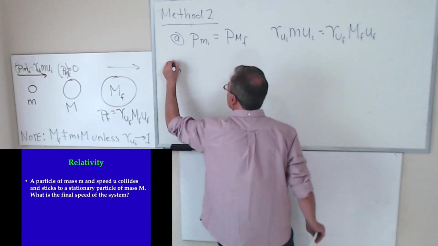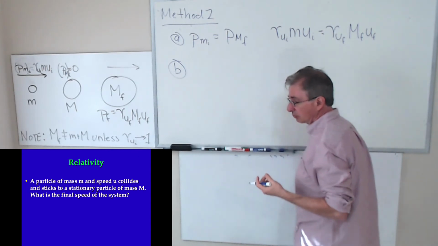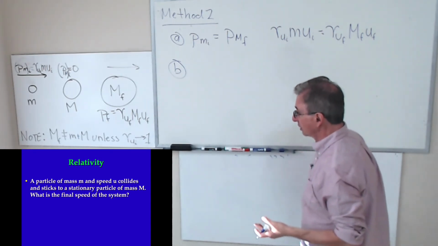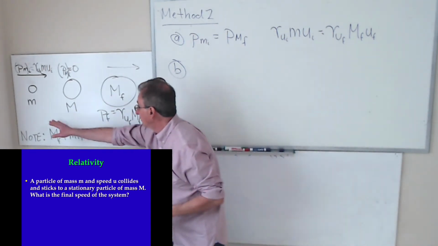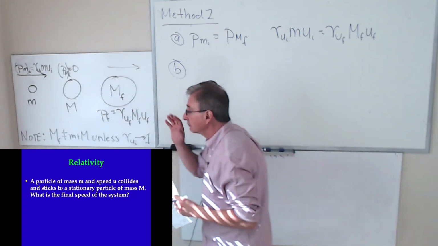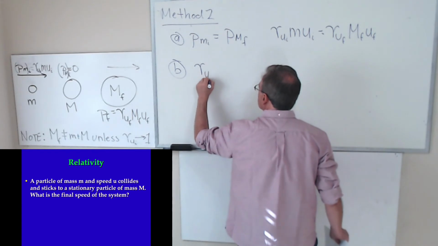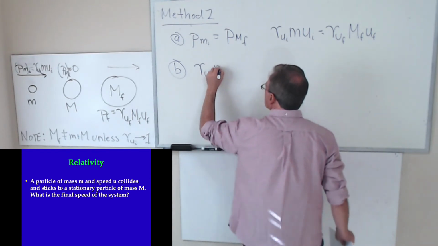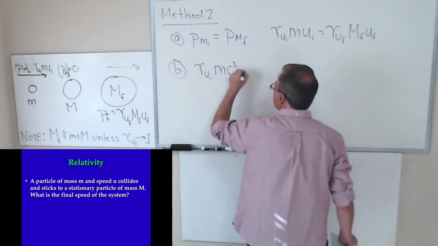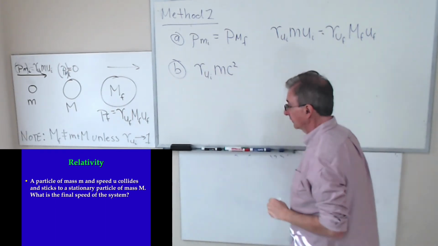Now, the energy equation, we're going to conserve energy, and I'm going to write your basic total energy equation. So the total energy of little m, I'm just going to write it as gamma sub u initial times the rest energy of the particle.